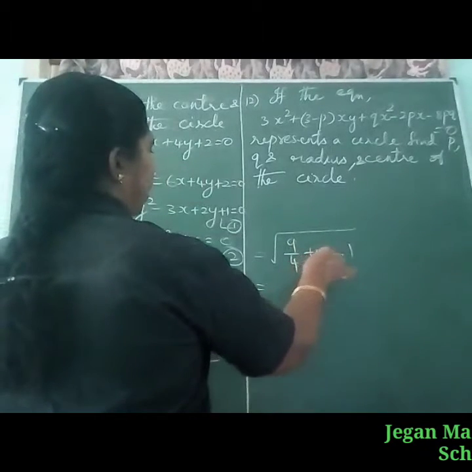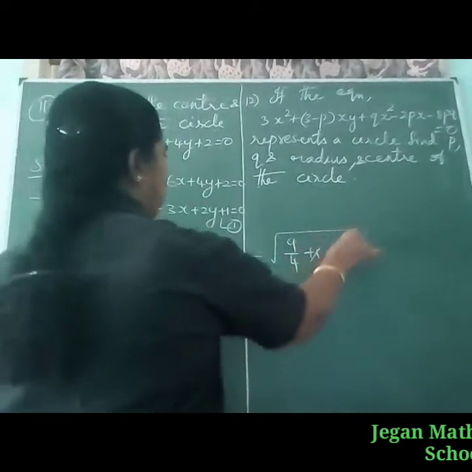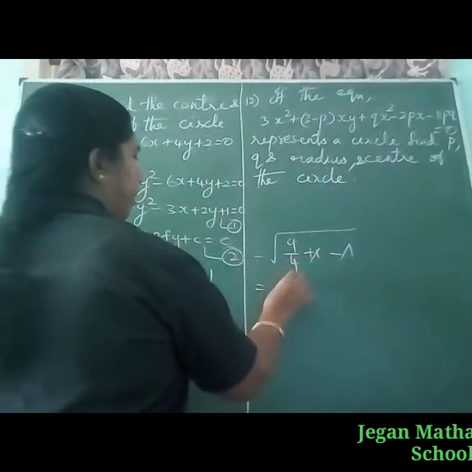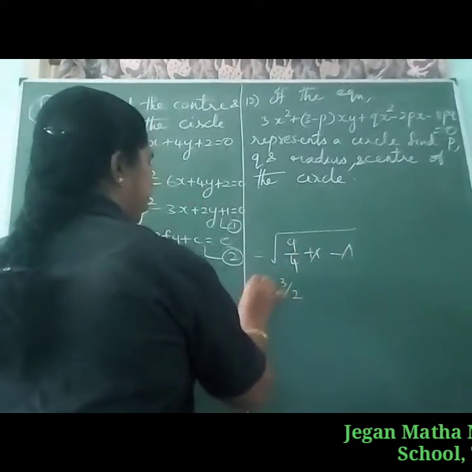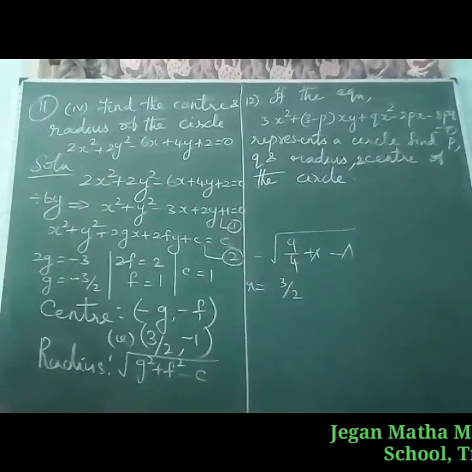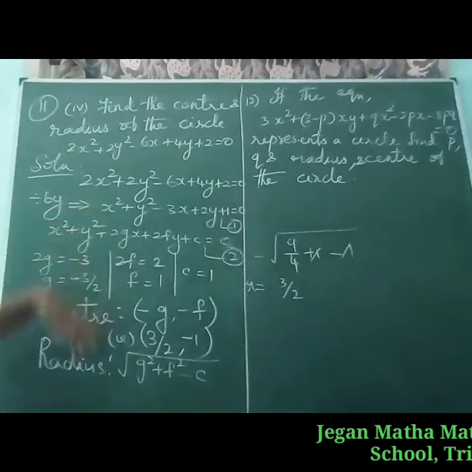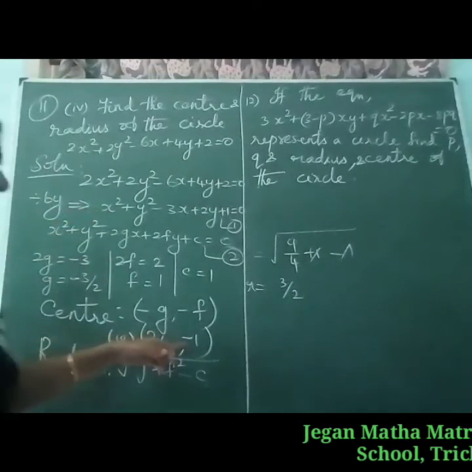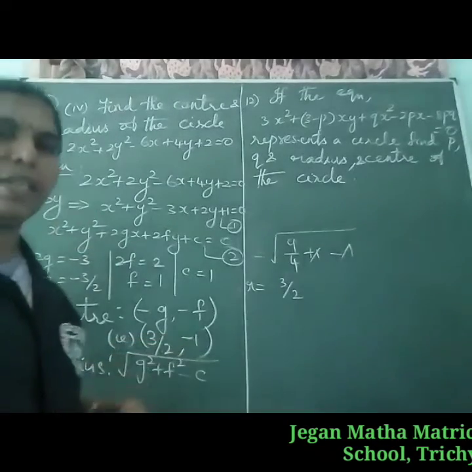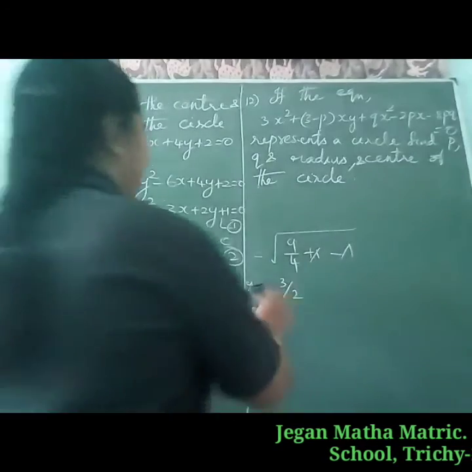So plus 1 minus 1 will be cancelled. So we are getting square root of 9 by 4 as 3 by 2. This is the radius. So for the given circle, the center is 3 by 2 comma minus 1 and the radius is 3 by 2.